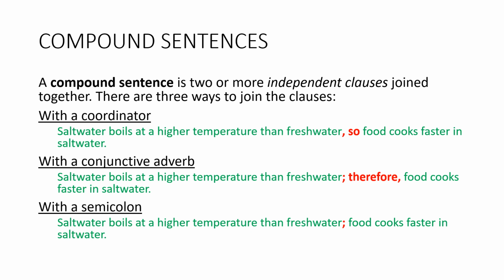For example, salt water boils at a higher temperature than fresh water. Therefore, food cooks faster in salt water. Or we can combine sentences with a semicolon. For example, salt water boils at a higher temperature than fresh water; food cooks faster in salt water.